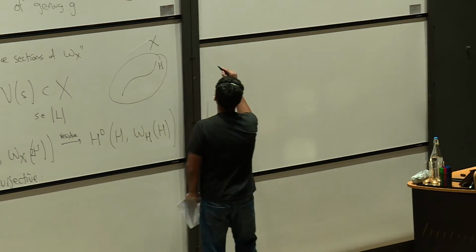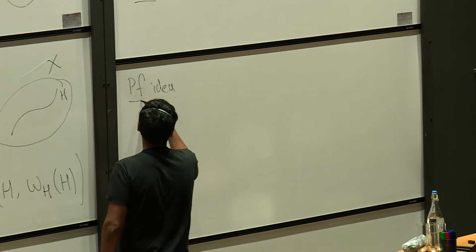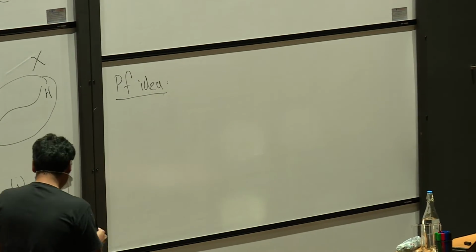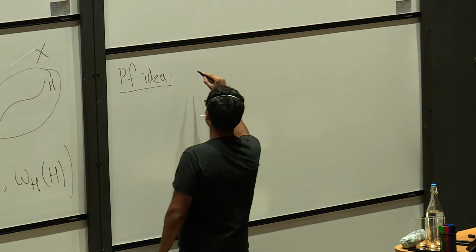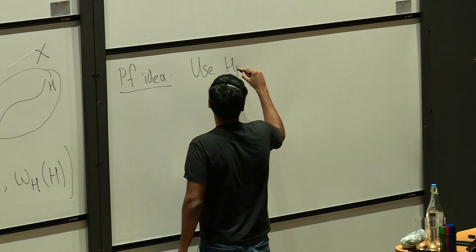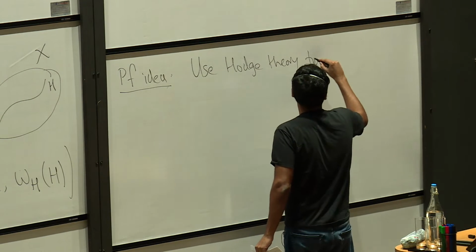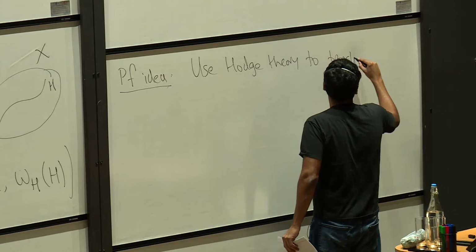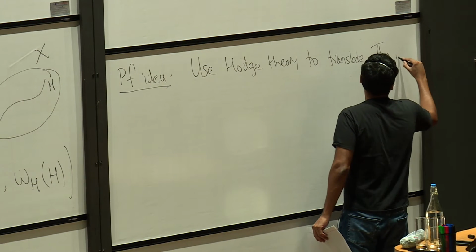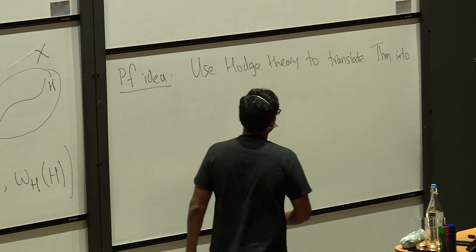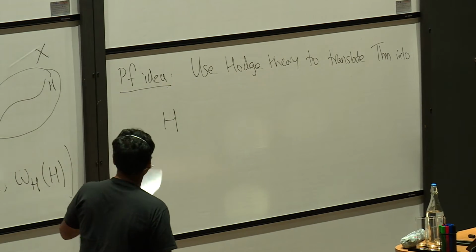And so let me just say roughly what the proof idea is in one line, just to explain where the topology comes in. So you use Hodge theory to translate the theorem, or to deduce the theorem, I guess, into a topological statement. And the topological statement is the following.